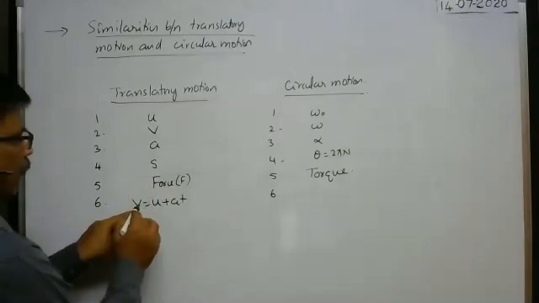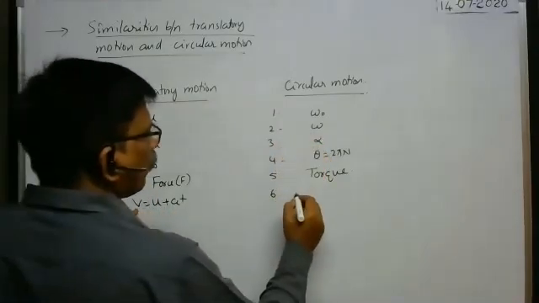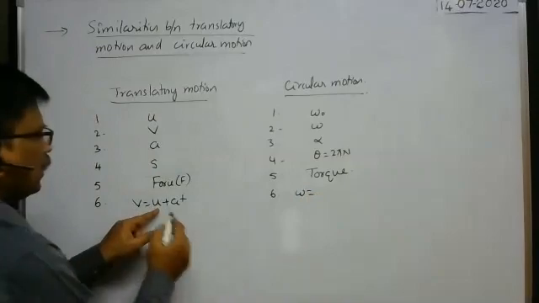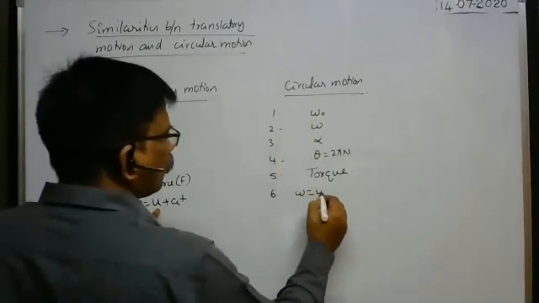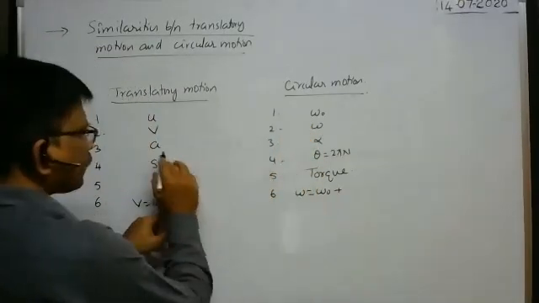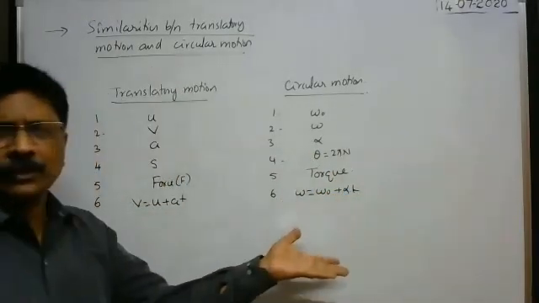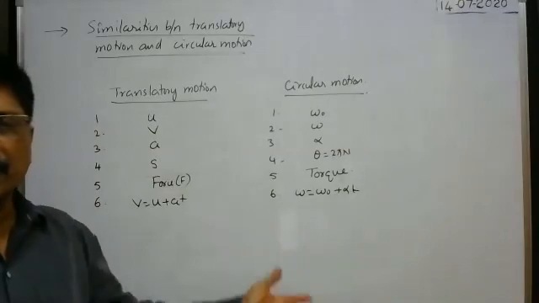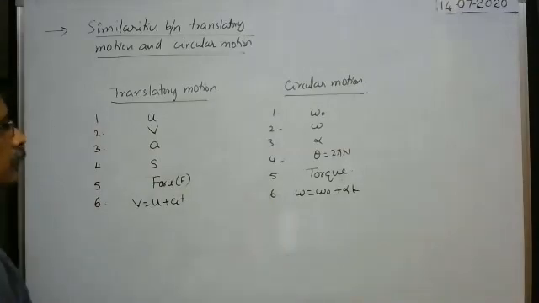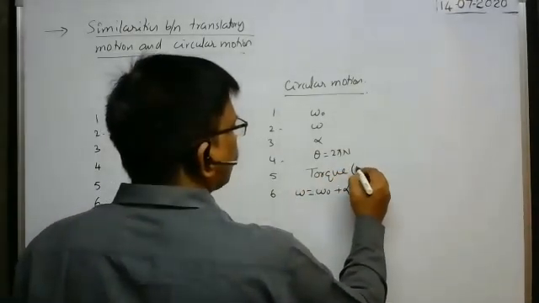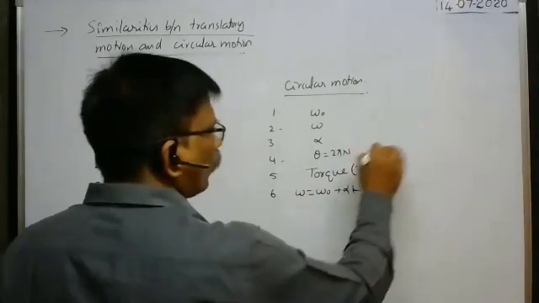Instead of final velocity, here final angular velocity omega we have to write. That is equal to initial angular velocity omega naught plus angular acceleration alpha into time t. Already we derived this formula previously. Torque is represented with the symbol tau, not t, tau.